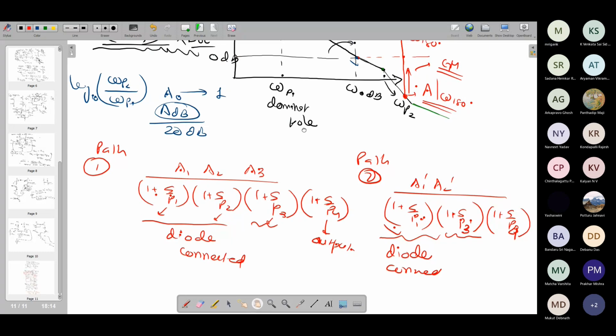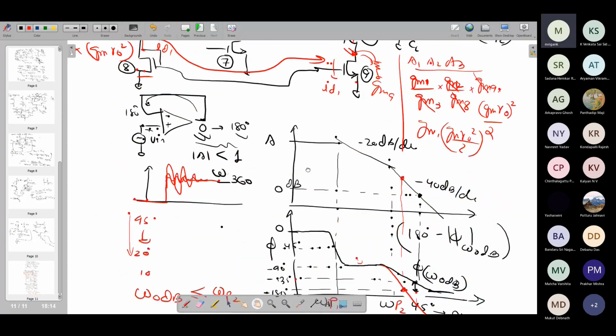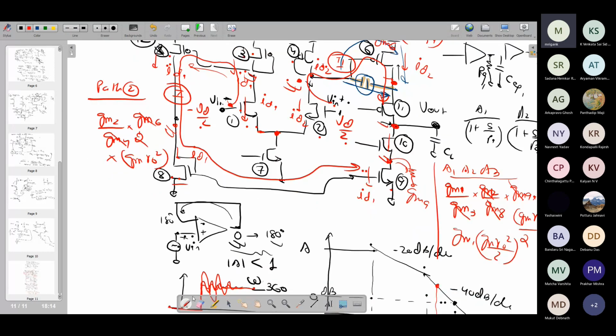In the second path, you actually have the first pole over here, the diode connected load, giving you the first pole. The second pole is at this point between the first PMOS and second PMOS in the cascode stage. This is also giving you another pole, and the third pole is this one. So this one is similar to the pole offered by M9 at the drain of M9 for the first path. Whatever pole you got at the drain of M9, the second path also gives you a similar pole over here.